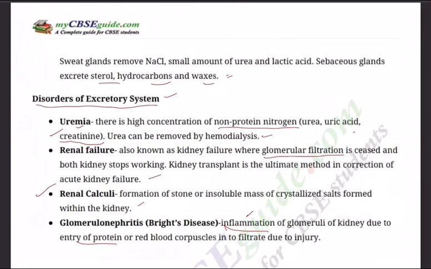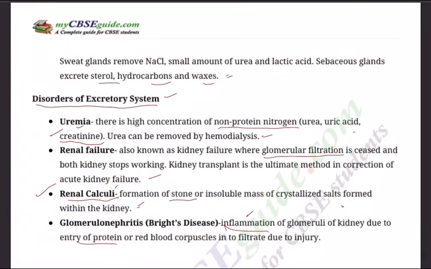And the third one, renal calculi, of course, as it says, calculi, stones. So don't think that there will be stones like those we see in the soil inside the kidney. These stones are calcium and phosphorus, calcium oxalate crystals. It is the formation of stone or insoluble mass of crystallized salts within the kidney.